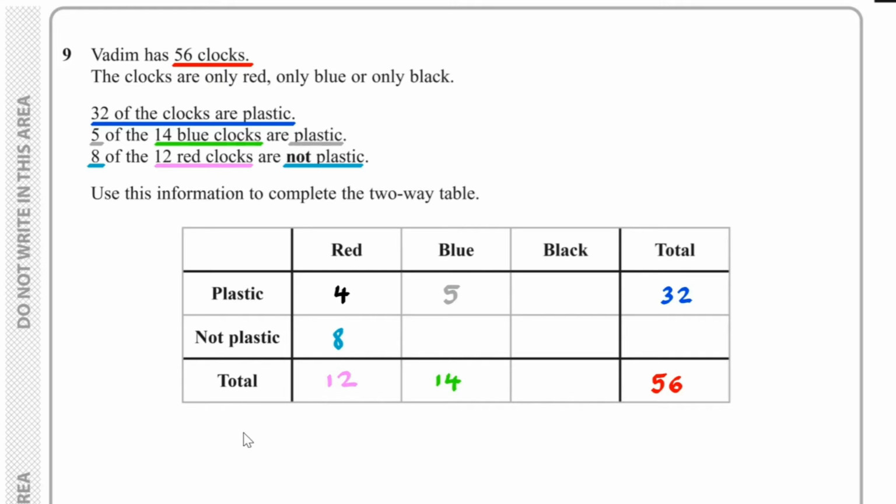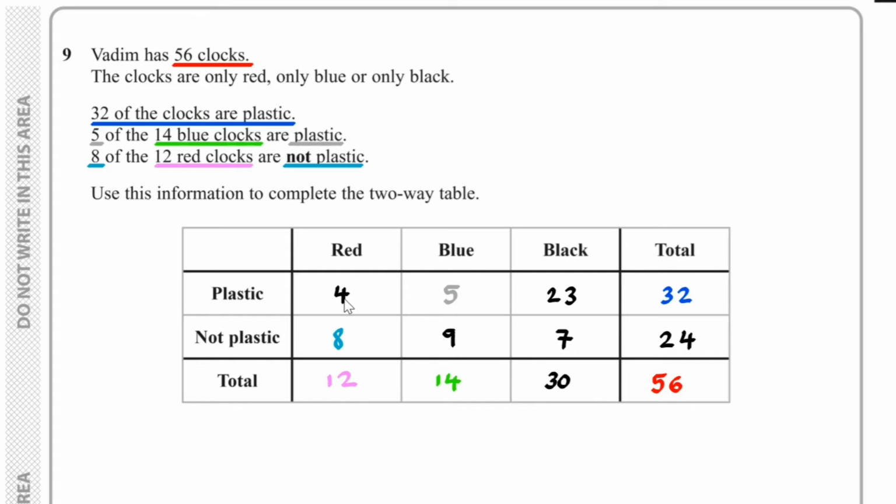4 plus 8 is 12. 5 plus 9 is 14. 32 take away 5 take away 4 is 23. 56 take away 32 is 24. 56 take away 14 take away 12 is 30. 30 take away 23 is 7.